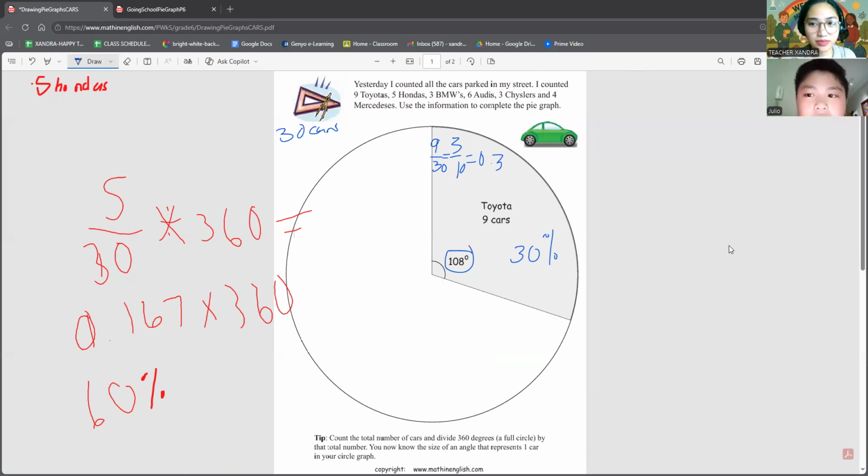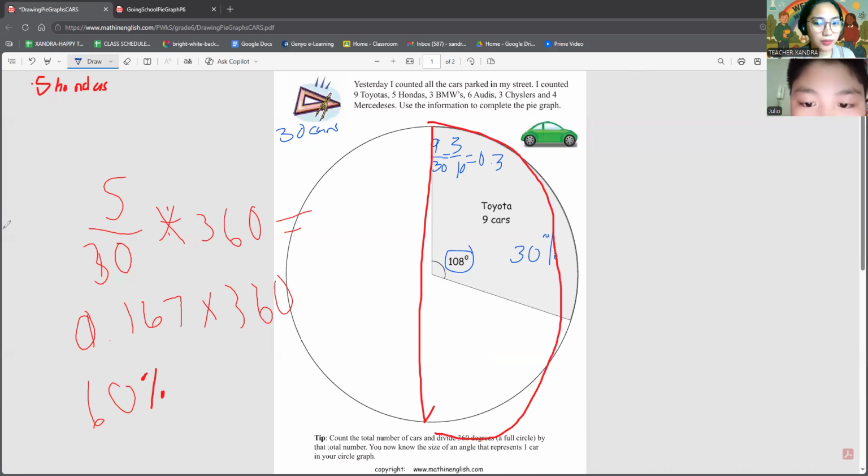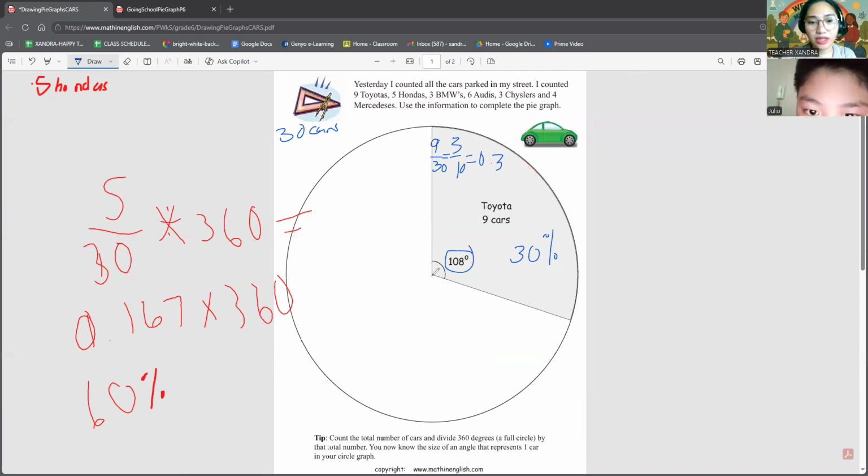But where do I put it? Do I just put it like this? Like the protractor here. And this is the middle.